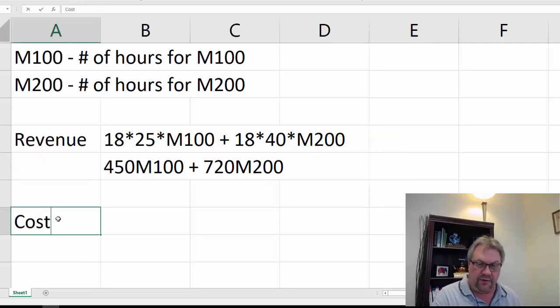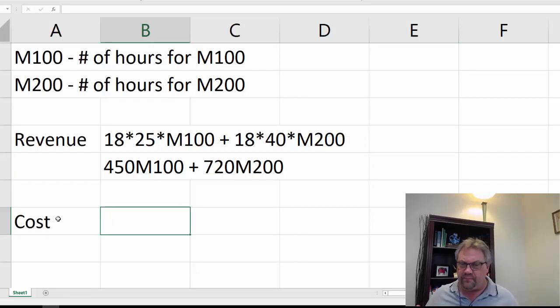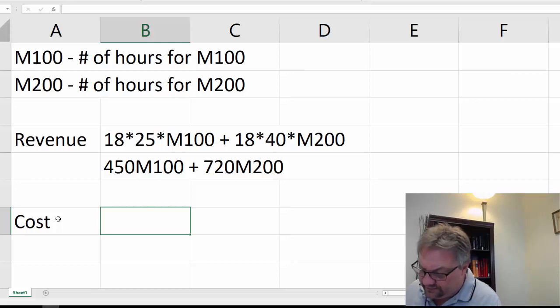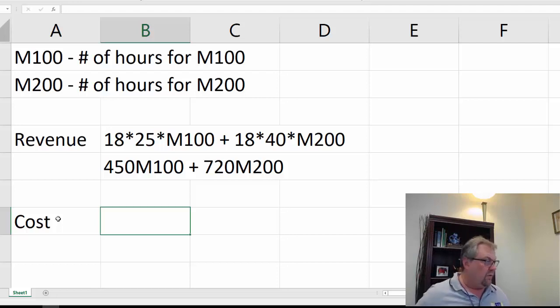Now I need to come up with my cost. There are two different costs going on. The first is the raw materials. The M100 uses 40 pounds of the raw material per hour, and that is $6 per pound. And in addition to the raw material cost, Jackson Hole estimates the hourly cost of operating the M100 and the M200 are $50 and $75 respectively.